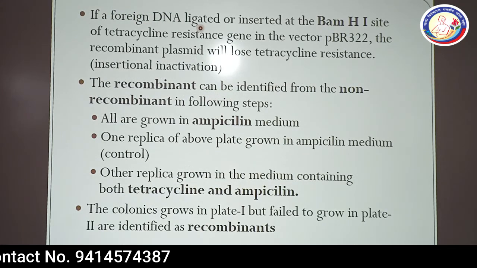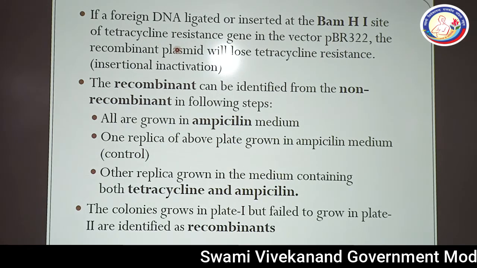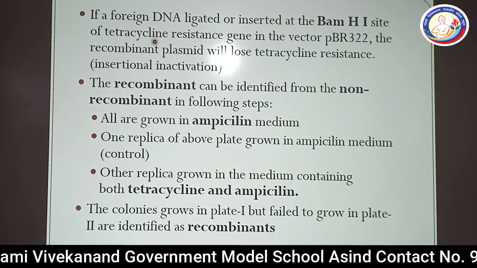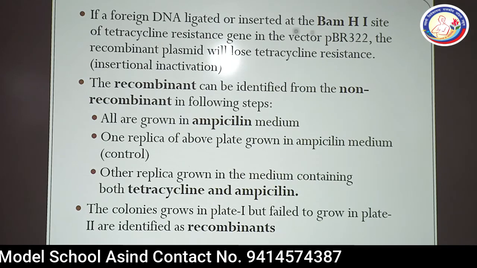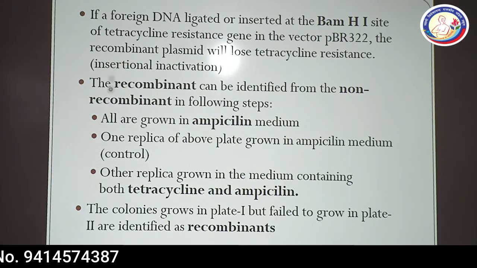If foreign DNA is ligated or inserted at the BamHI site of the TET tetracycline resistance gene, I have already told you in the figure, the tetracycline resistance gene has two types of endonucleases to cut it.